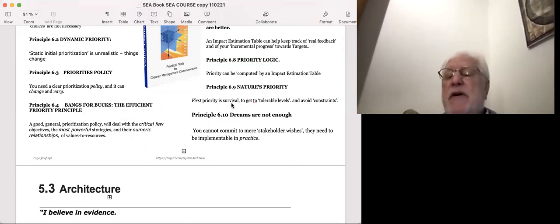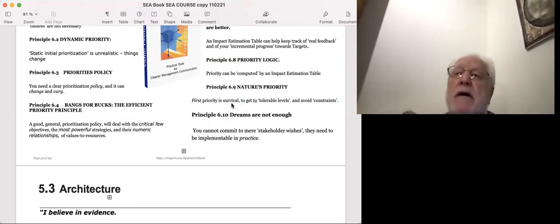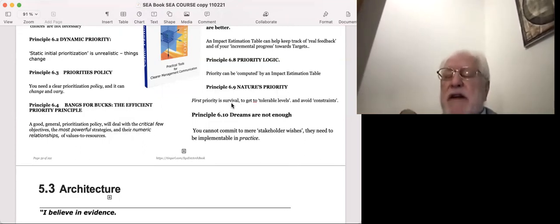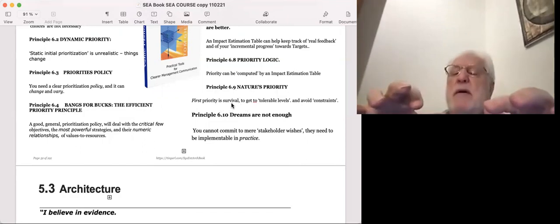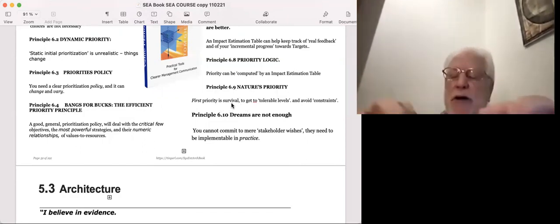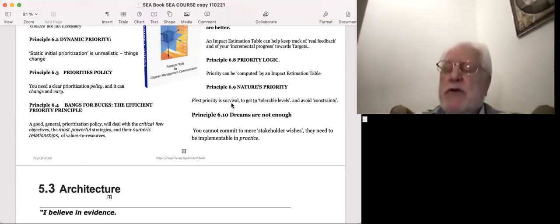And I believe there are 2 basic levels of any value and, in fact, any resource. And one is the minimum necessary. So our initial prioritizations need to try to get all the values to the minimum necessary. We call that the tolerable level. That's the specific level on a scale of measure.